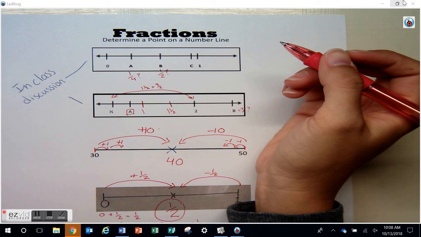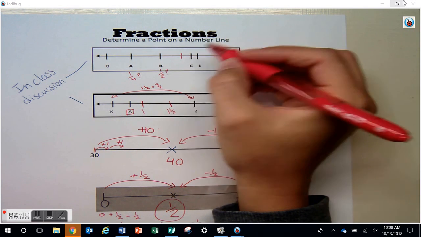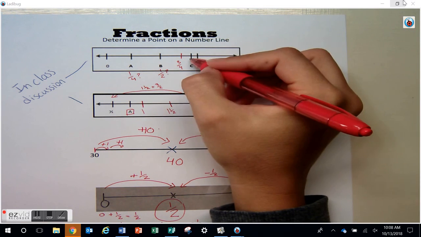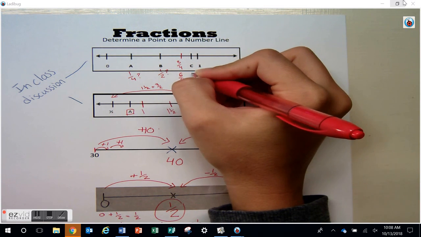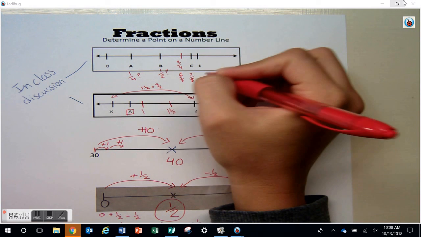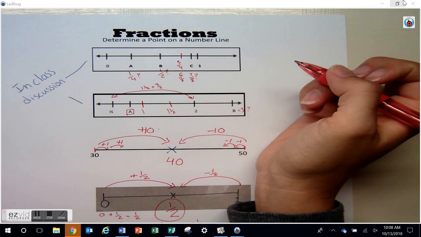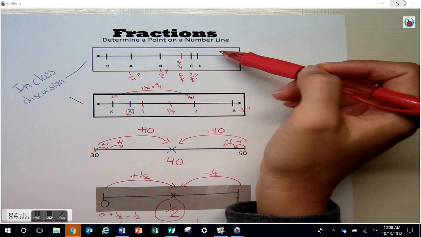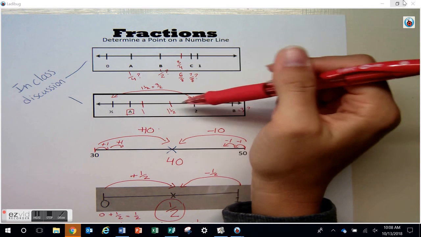And if A was 1/4, I'm assuming 3/4 would be somewhere here. So C would not be 3/4. Maybe C, let's see, this would be 6/8. So maybe C would be 7/8. These are possible values there. The point of today's lesson was for us to be able to look at a number line and figure out values that would be between numbers.